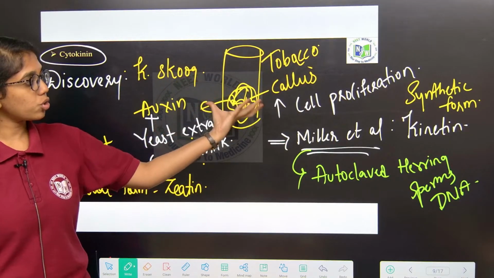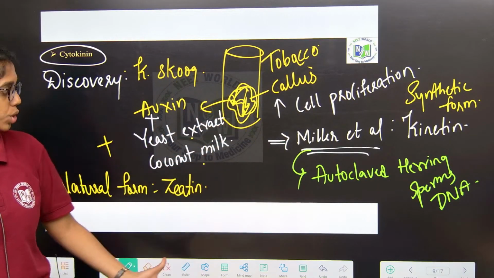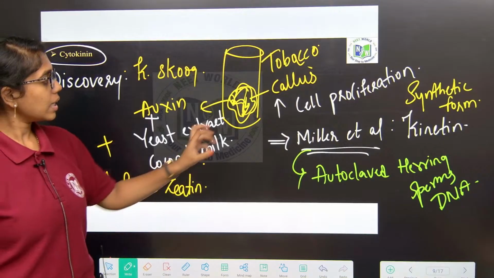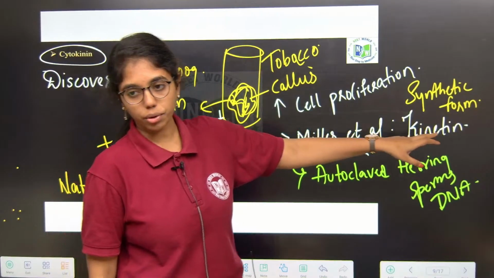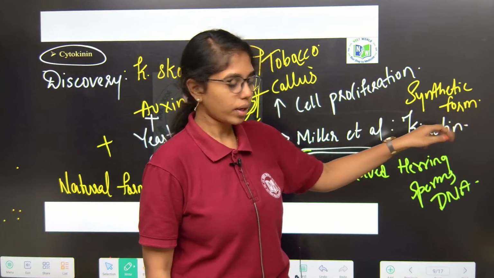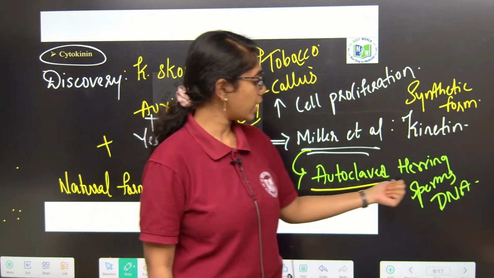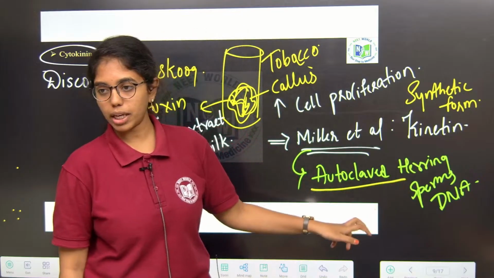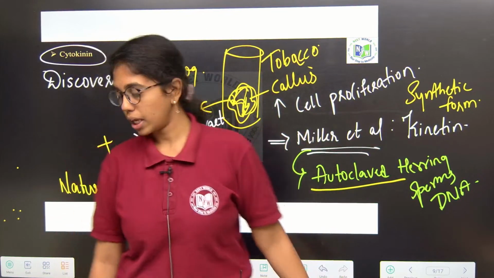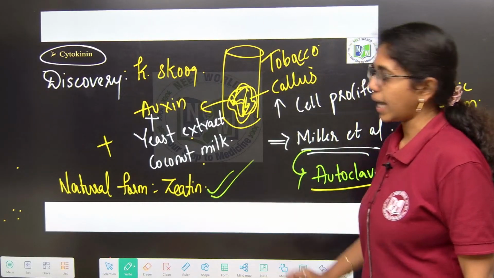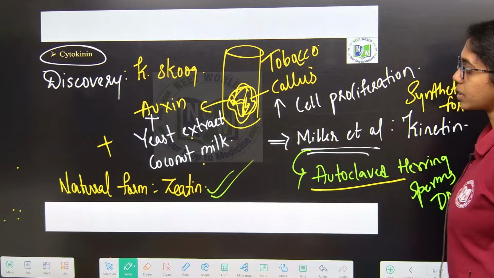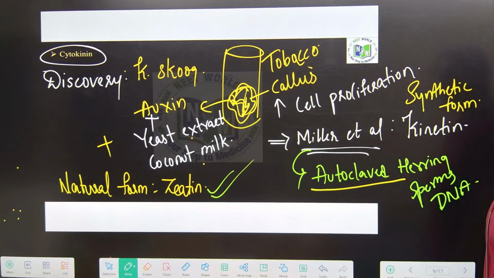And it is Miller et al., the scientist who gave us the synthetic form of cytokinin, that is kinetin, identified from autoclaved herring sperm's DNA. And then natural form of cytokinin is what? Zeatin. Clear, right? With the discovery, natural form and synthetic form of cytokinin.